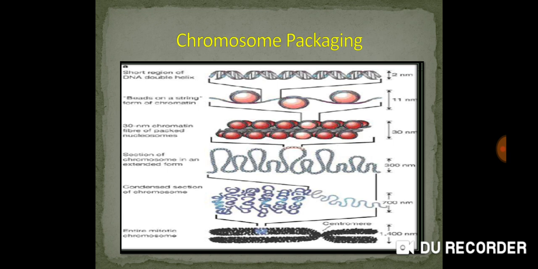Next is the beads-on-a-string form of chromatin, 11 nm. Then the chromatin fiber of packed nucleosomes, which is 30 nm. A section of chromosome in extended form is 300 nm. A condensed section of chromosome is 700 nm. An entire mitotic chromosome is 1400 nm.